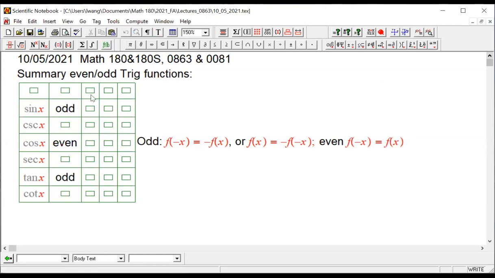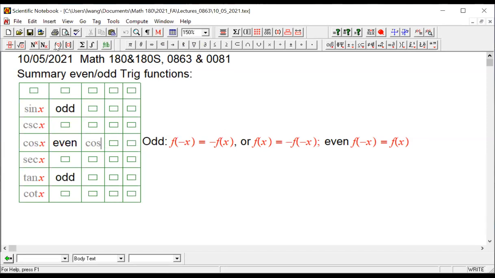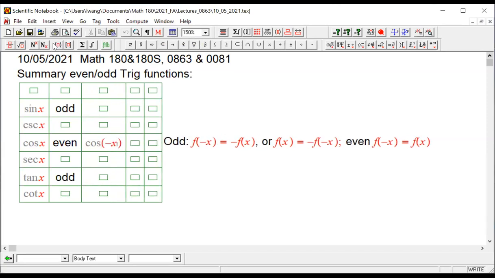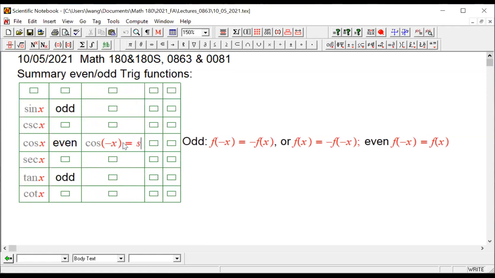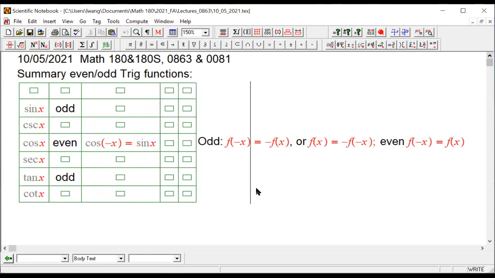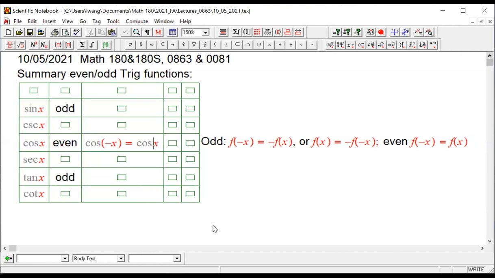All right? So what you need to write down here, we have the example for cosine. Cosine of negative x equals cosine of x. Oh, sorry, cosine. My bad. These are the examples.